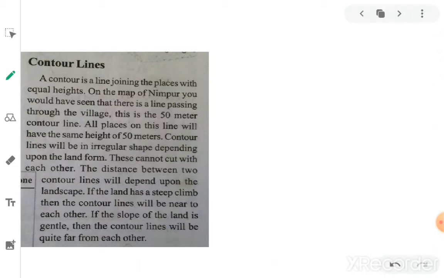Next, contour lines. What are contour lines? We already studied them from the keywords and the middle of the lesson. A contour line is a line joining the places with equal heights. On the map of Nimpur, you would have seen a line passing through the village. This is the 50-meter contour line. So this is the mountain and this is sea level.